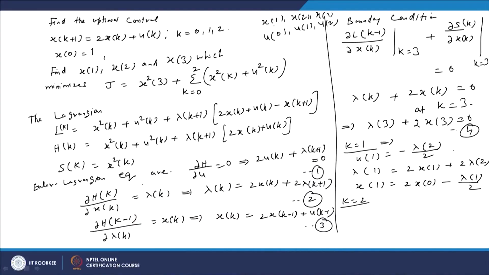So, we need to find u0 at the initial instant, which will take the system to the first instant, the control at the first instant will take it to the second, and the second will take it to the third. So, we want to find this, and the state values x of 1, x of 2 and x of 3, which will minimize the expression J. So, we have 6 unknowns and we will get 6 equations which can be solved in the usual manner and then get the optimal control for the problem. Okay. Thank you.